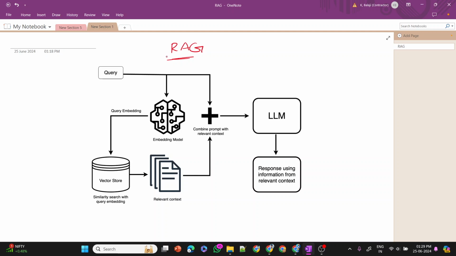So we need to fine-tune the model on a new data set of our business data without starting from scratch, or we use another technique called RAG.